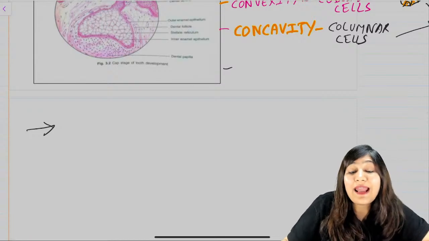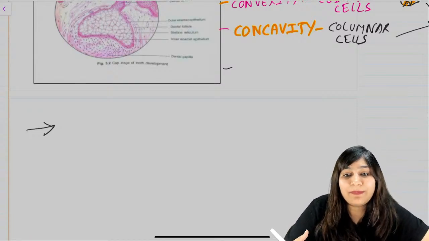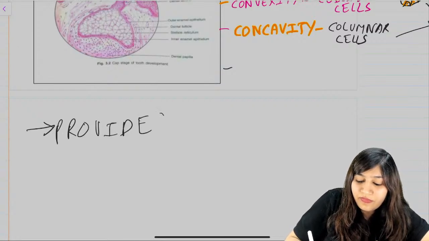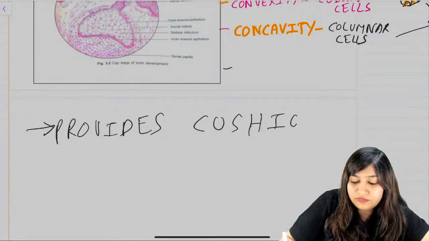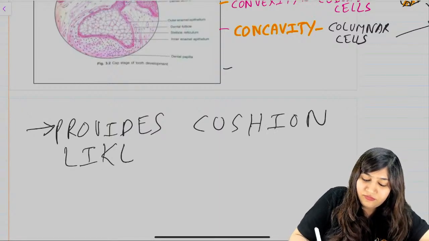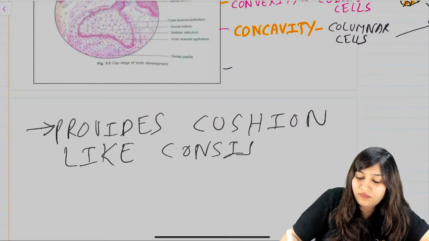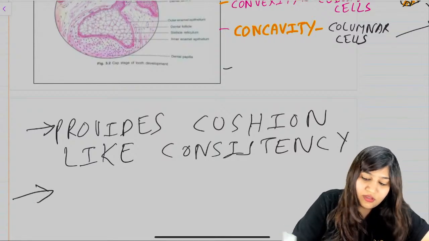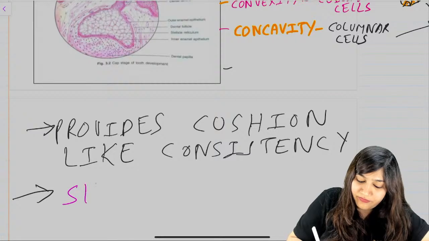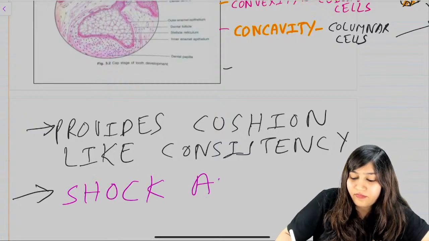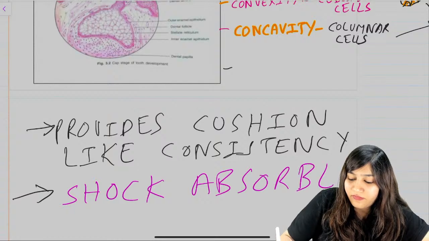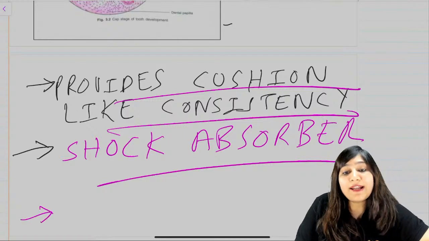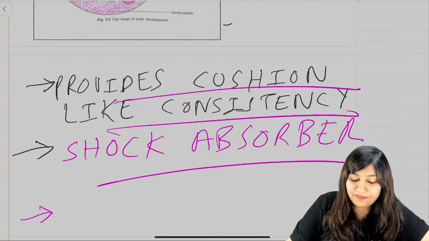It mainly acts as a shock absorber. It provides a cushion-like consistency, and it protects the underlying enamel forming cells.